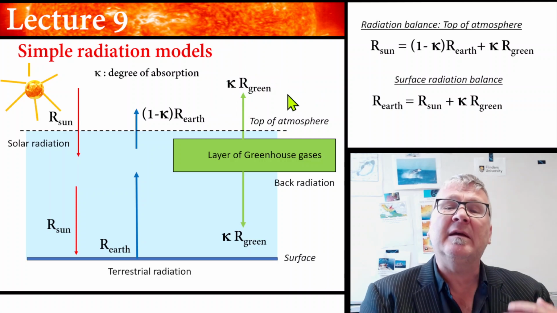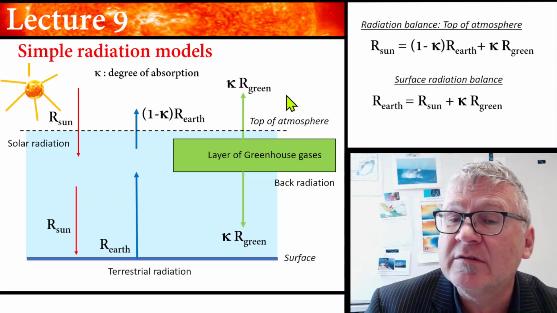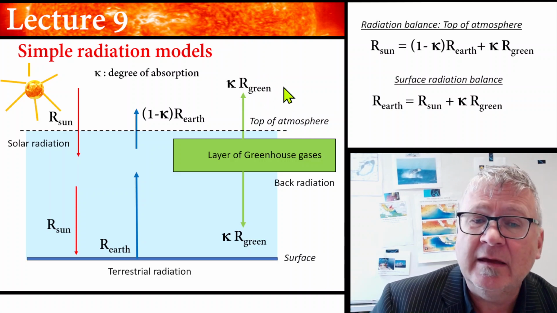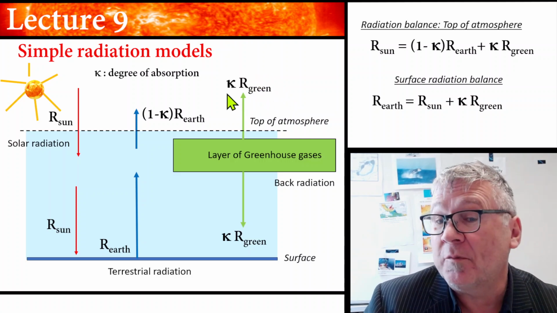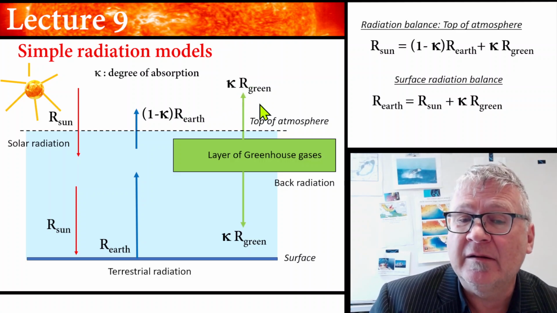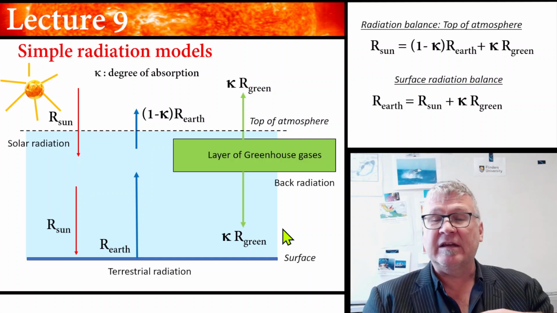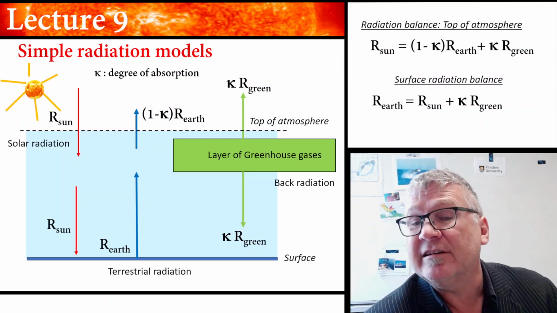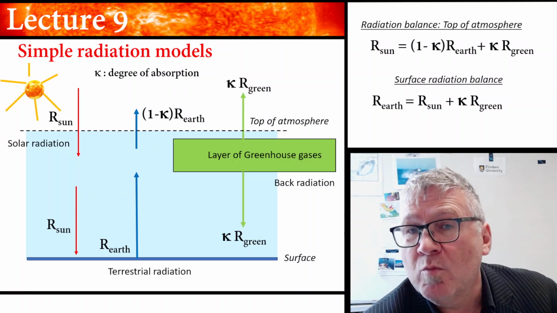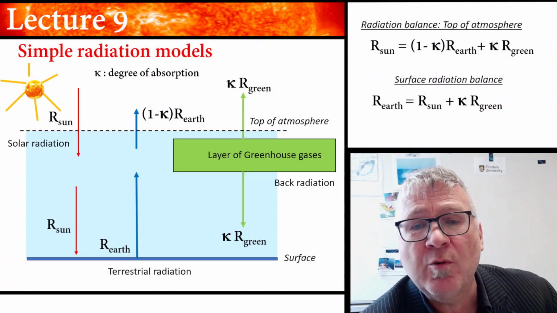And the one that is emitted by the greenhouse gases we call R green, okay, and the degree of absorption we call kappa. It's this kappa. So we have actually like a slider. We can slide this kappa. We can change between 0 and 1.